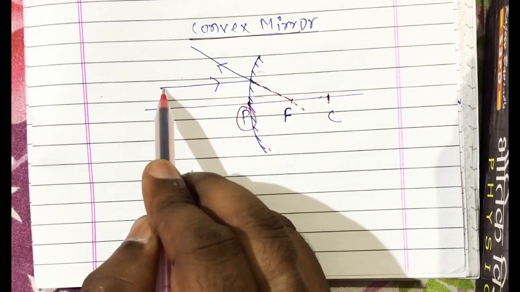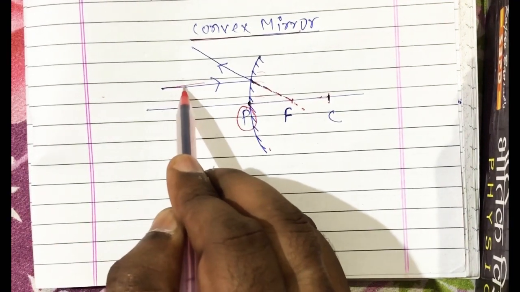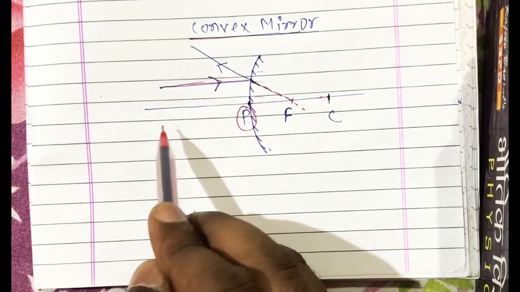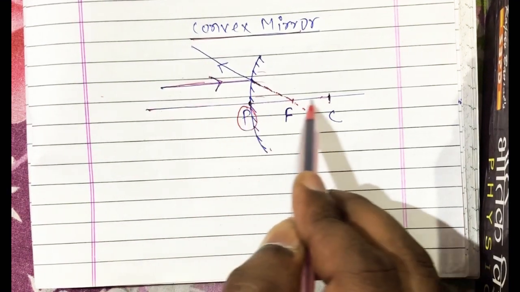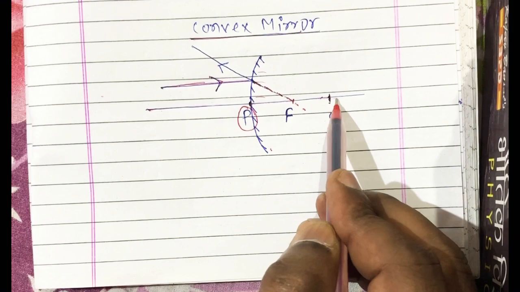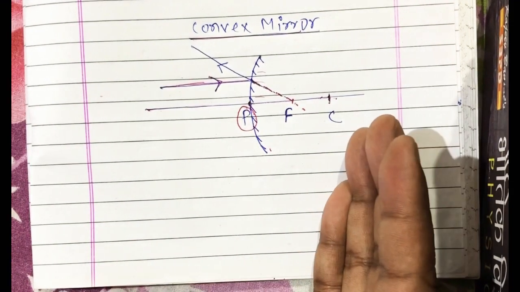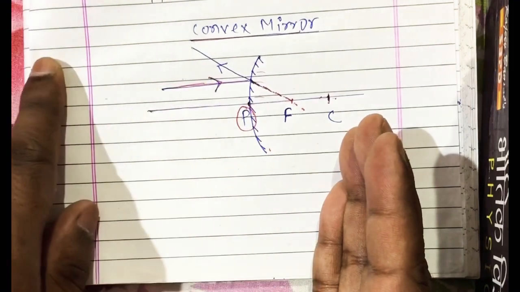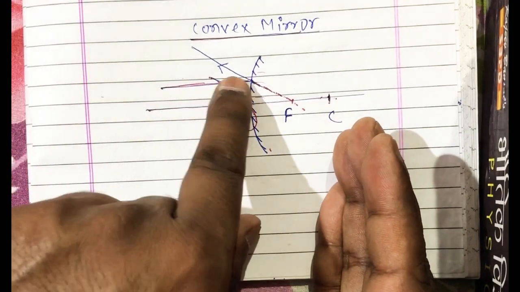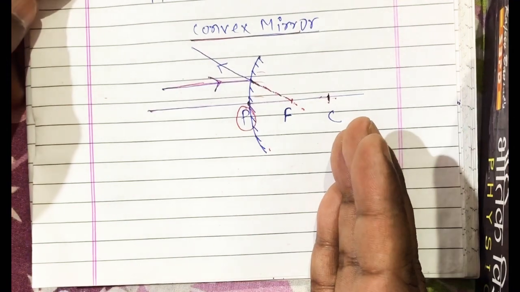Now you can see that this is an incoming light ray which is parallel to the principal axis. But in this case, the focus and center of curvature will be on the right-hand side, while the reflecting part is on the other side. So this light ray will reflect to the other side.